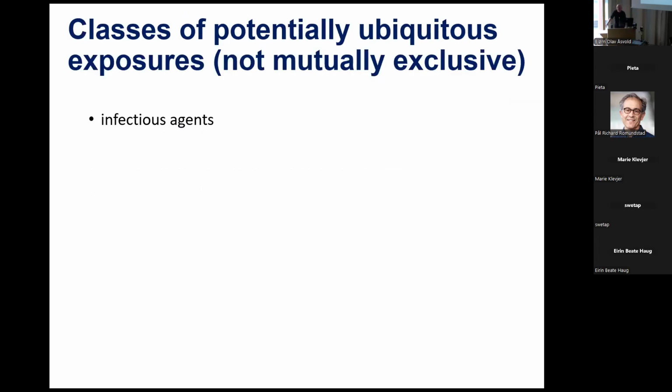So what sort of factors are ubiquitous? Well, there are infectious agents which everyone gets. There are many infections which we all get, but the age of first infection will differ. And maybe something as simple as when in your life course you develop the infection leads to major differences in disease risk.